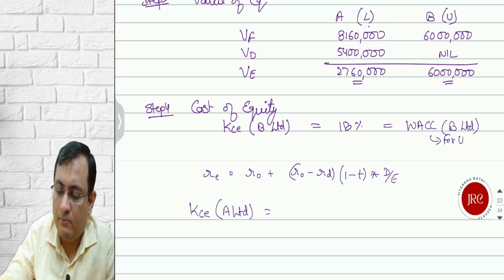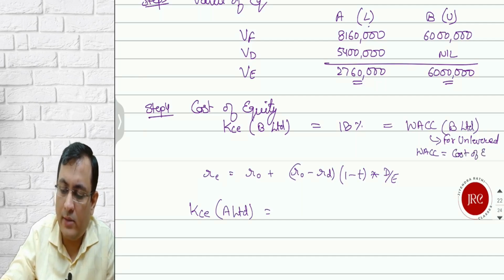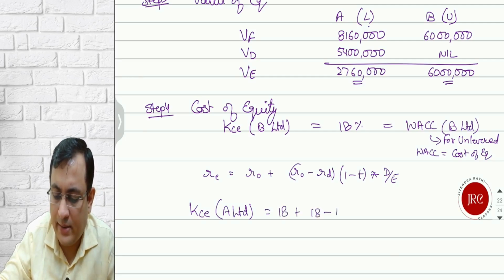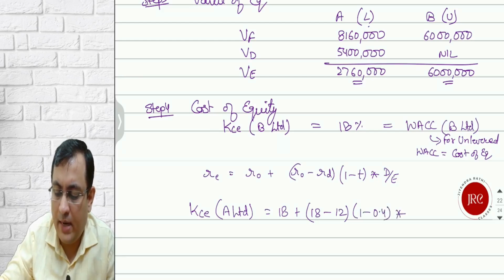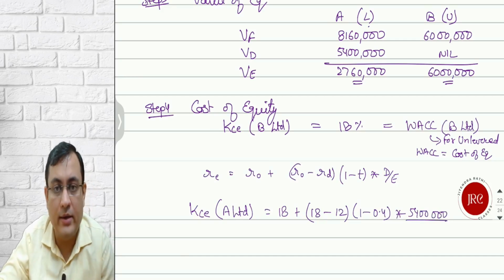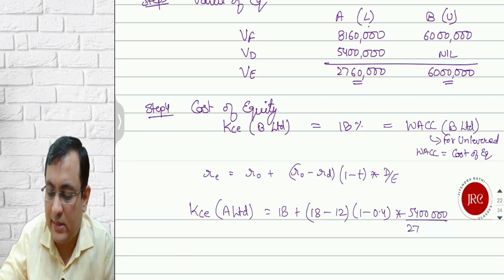For unlevered, WACC is equals to cost of equity, so they are same. So this is 18 plus (18 minus 12) multiplied by (1 minus 0.4) multiplied by debt, which is 54 lakhs, whole divided by equity. Equity we have already calculated in step number 3: 27,60,000.